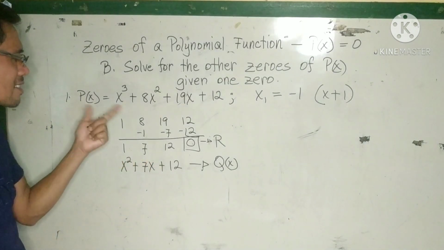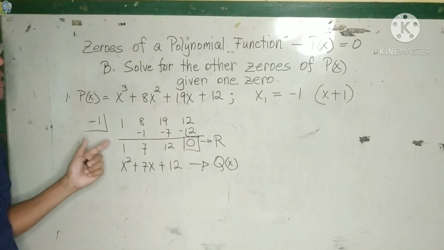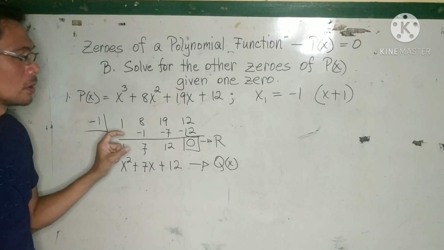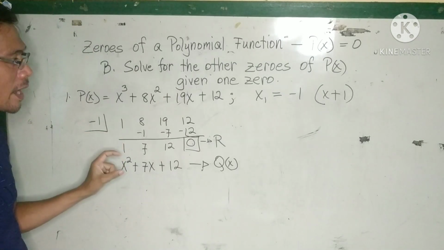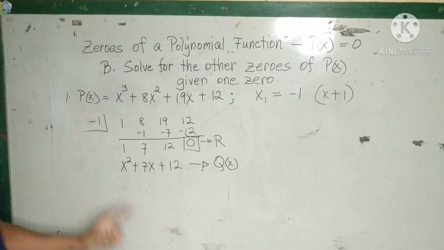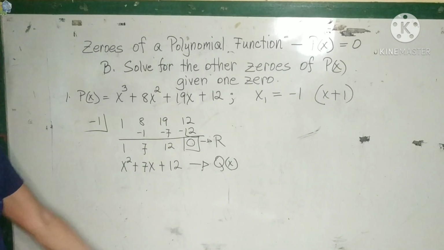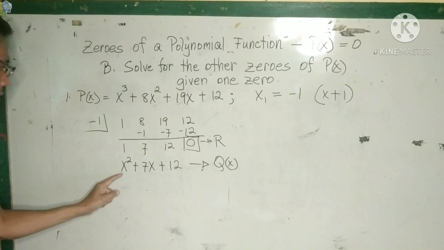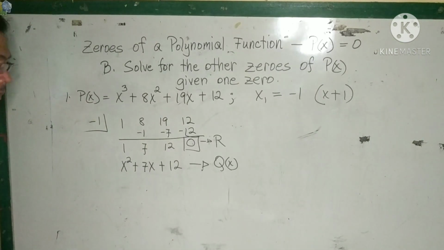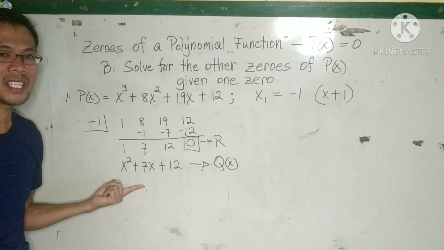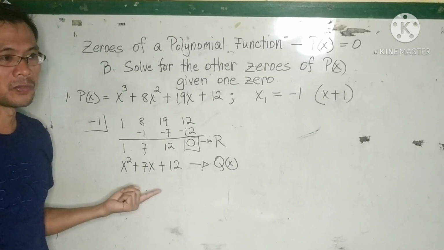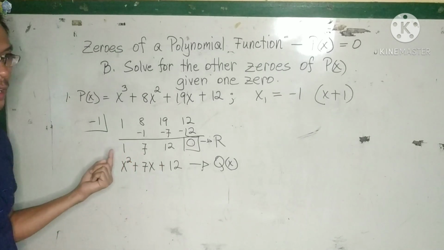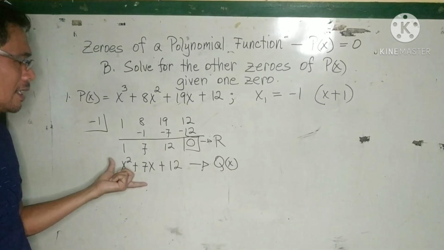So look, that's how important the synthetic division is. It will give you the quotient when p of x is divided by x minus c, or a binomial. From the quotient x squared plus 7x plus 12, take note that it is already in quadratic form, a quadratic trinomial.